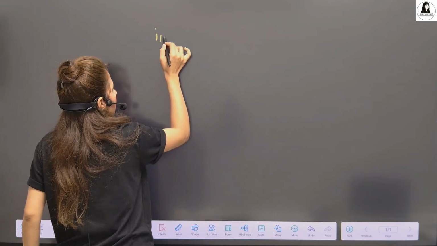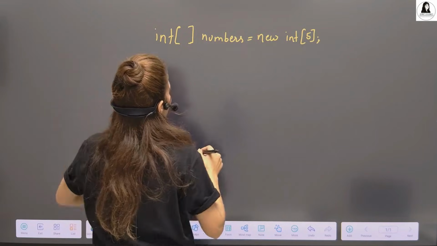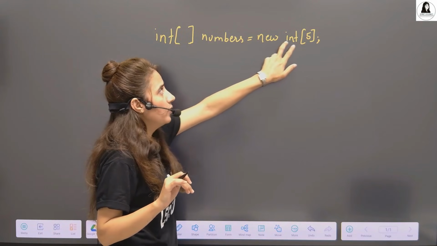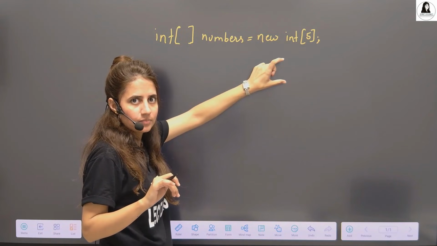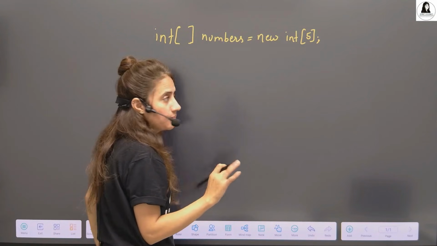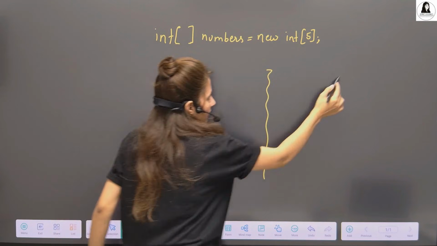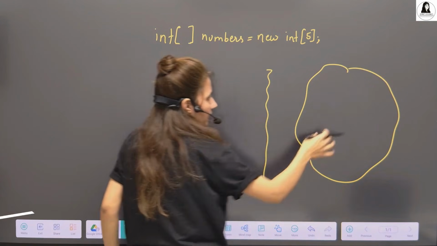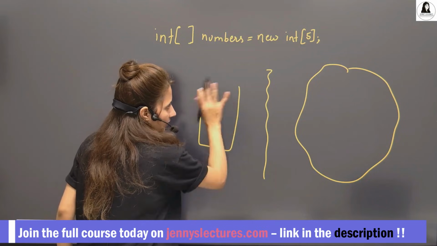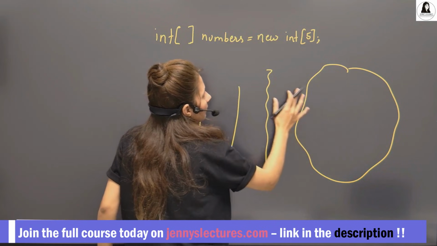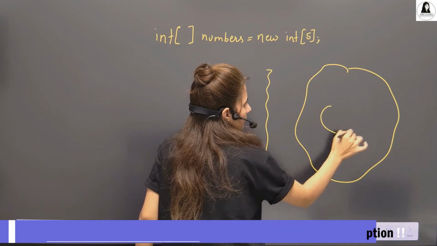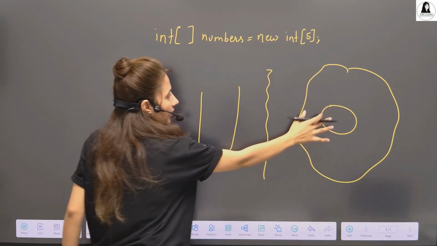If we write something like this, whenever you use the new keyword, memory is allocated. We have instantiated this array, and there are two memory areas. One is the heap, which is dynamic. It can shrink and expand. And the other is the stack. So in the heap area, one object of this array has been created somewhere.